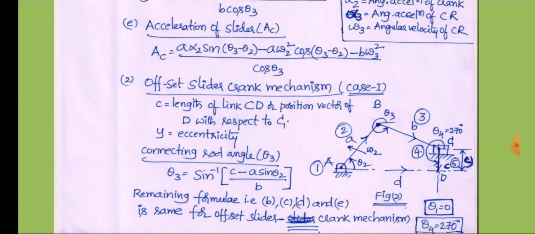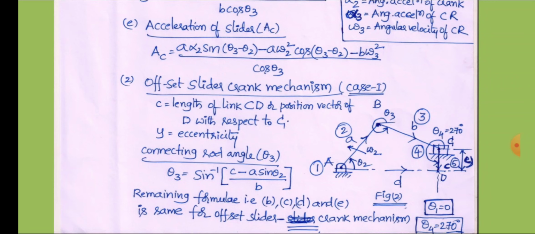Students, once again, there is no derivation to be done. Compared to inline and offset, only one formula is going to change. What is that one formula? It is the angle made by the connecting rod, that is theta 3.